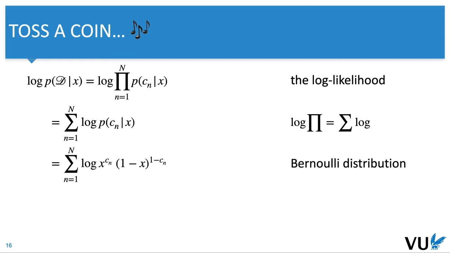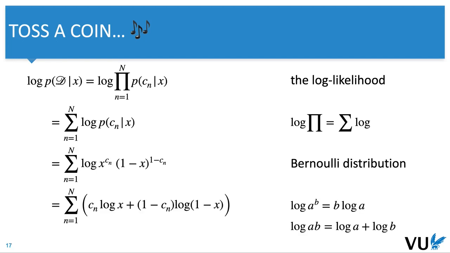Then we plug in the definition of the Bernoulli distribution. So we have the logarithm of x to the power of cn times 1 minus x to the power of 1 minus cn. Since this is again a product, we have the logarithm of a product, so we can change it again to a simplified form.